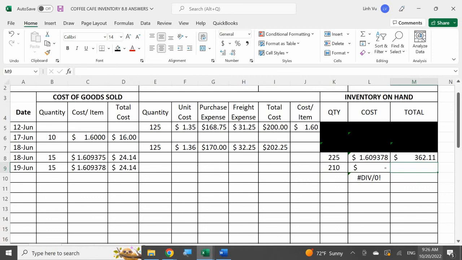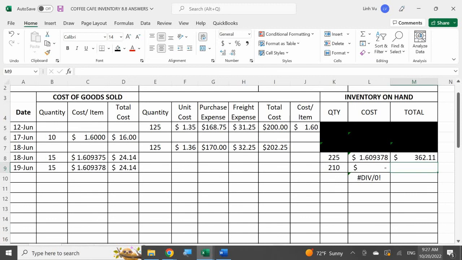So you're constantly calculating the cost per item. How do you solve for the cost per item? What's the formula? Your total cost divided by quantity.